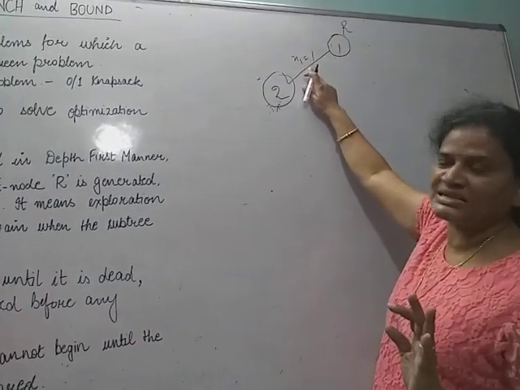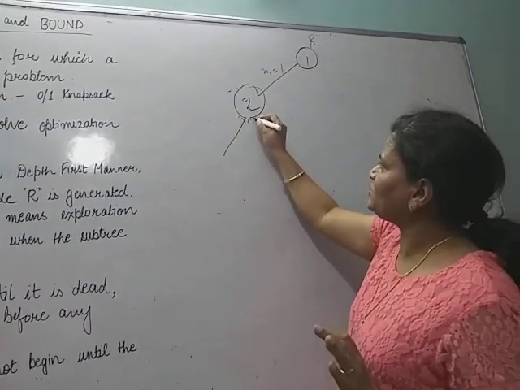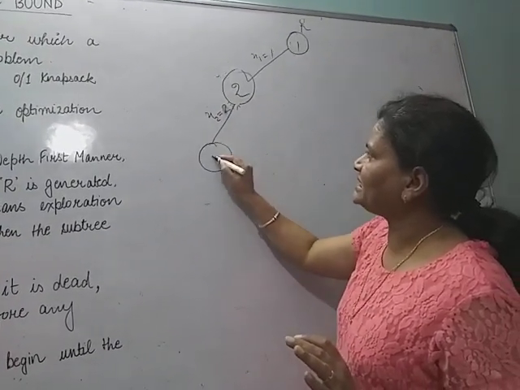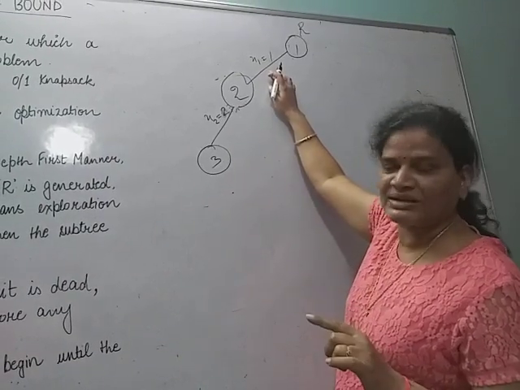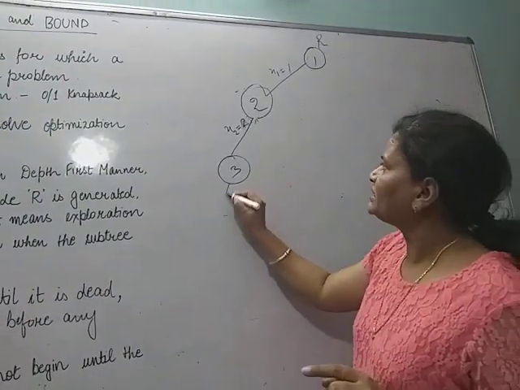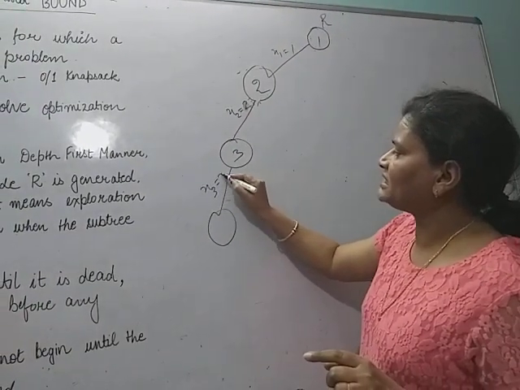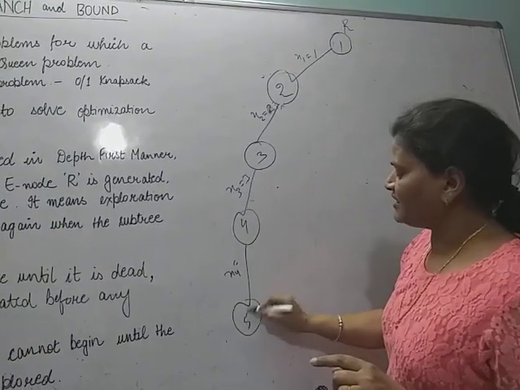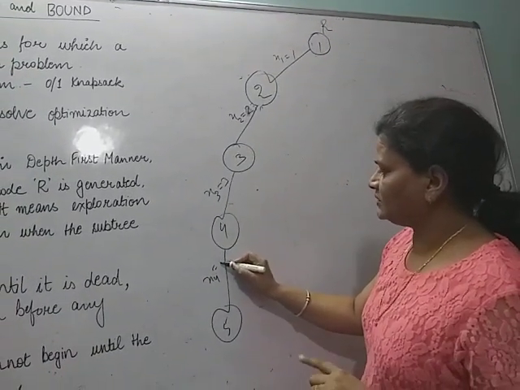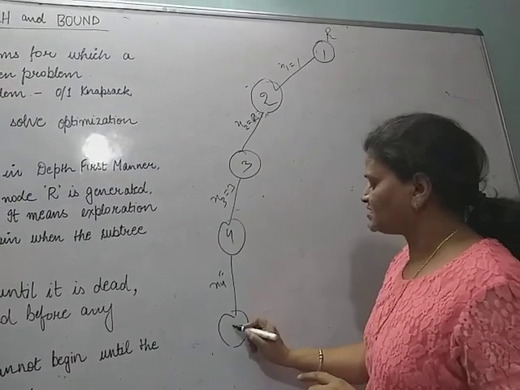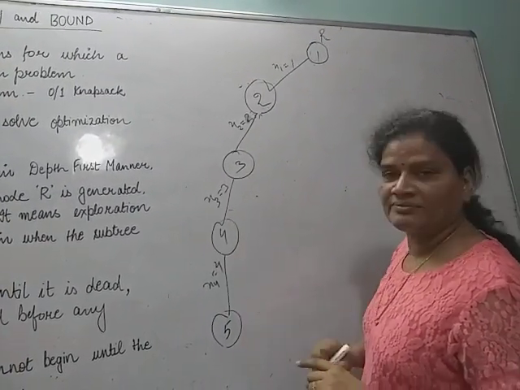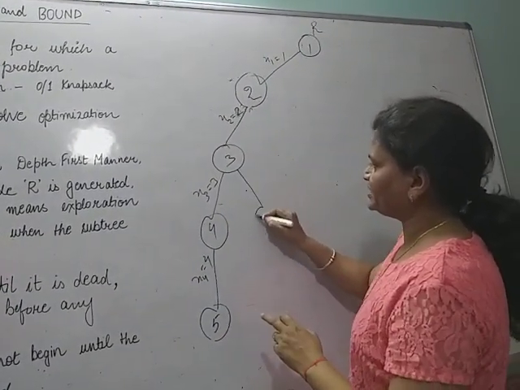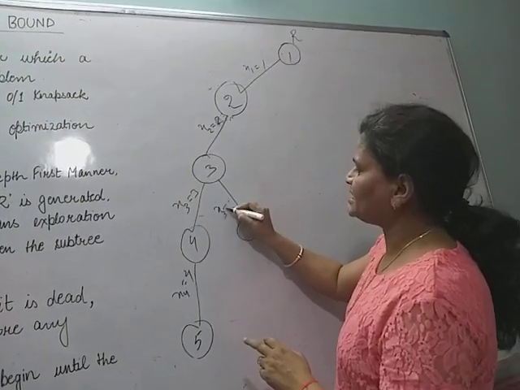So the first queen can be placed at the first column, the second queen x2 equal to 2, and this is 3. If the first queen is placed at the first column and the second queen at the second column, then the third queen can be placed at the third column, and for the fourth queen x4 equal to 4. Then here there is only one option, and for this there are two options, x3 equal to 3, x3 equal to 4.